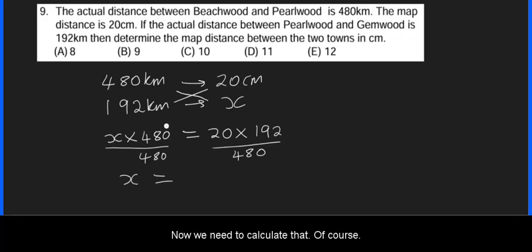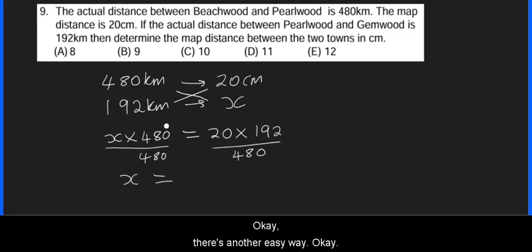Now we need to calculate that. Of course, remember, we do not have a calculator. We don't use a calculator. So now let's first find, okay, there's another easy way that I'm thinking of right now.